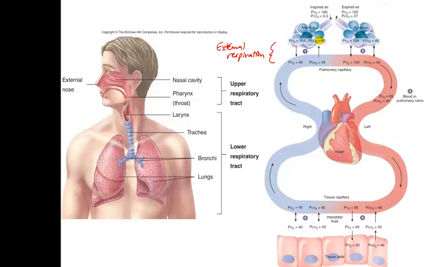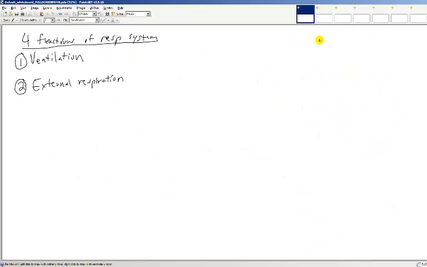That's external respiration. Okay. The third part of the respiratory system is not often thought of. Parts 1 and 2 are what we traditionally think of as respiratory functions, but there are 2 other things that have to happen in order for respiration to be successful.